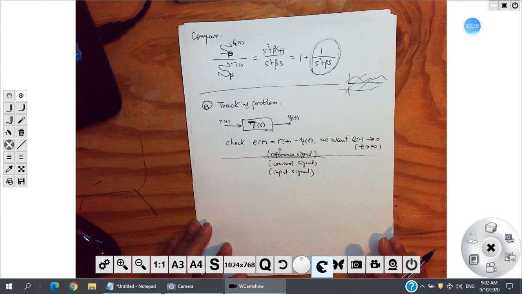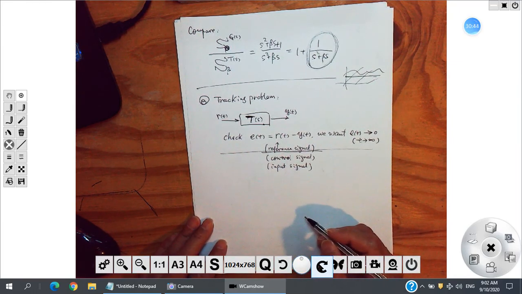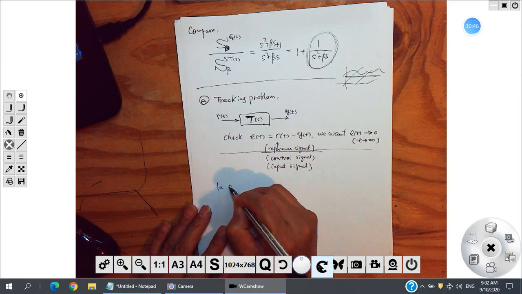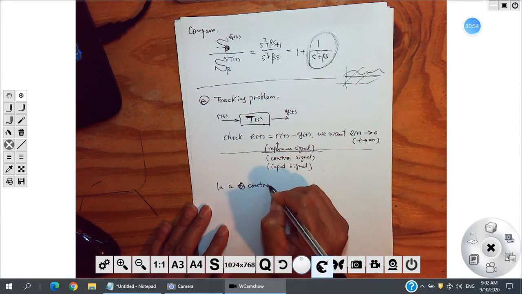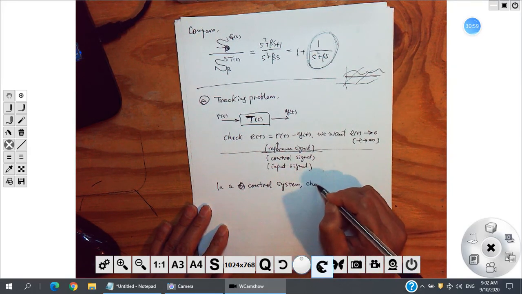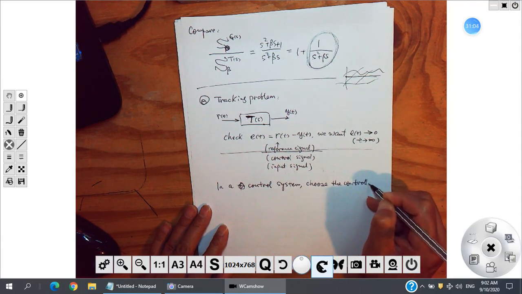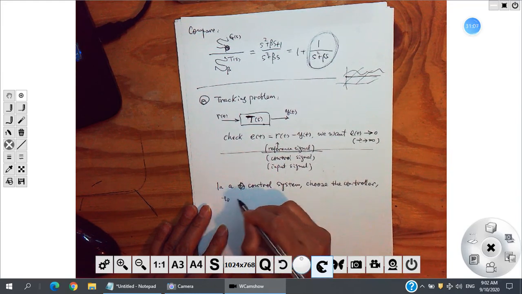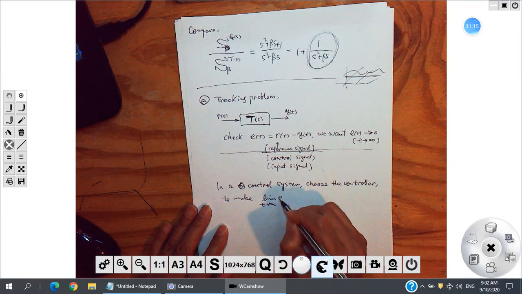Right. So the tracking problem is like, in a feedback system, and not just feedback, in a control system, you need to choose the controller to make the limit, as t goes to infinity, of e(t) equal to 0.